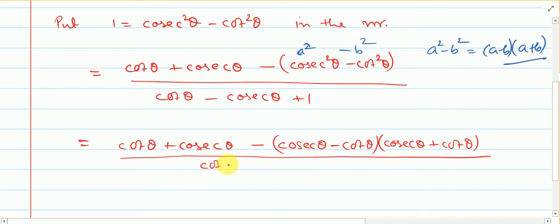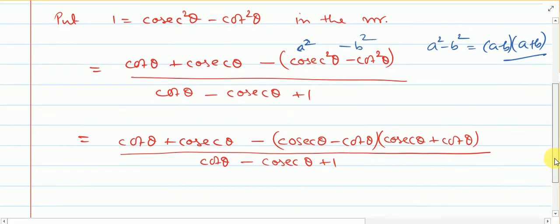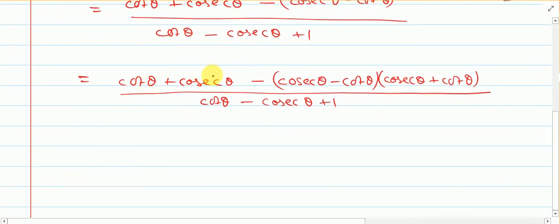And here cot theta minus cosec theta plus 1. Now if you see, cot theta plus cosec theta over here into 1, and here we have cosec theta plus cot theta into this. Yes, so something is common. So we'll take out the common part.